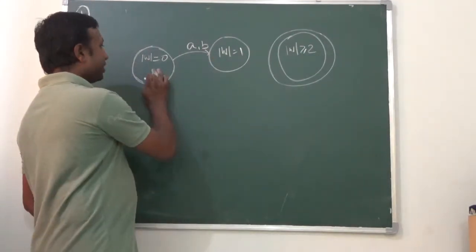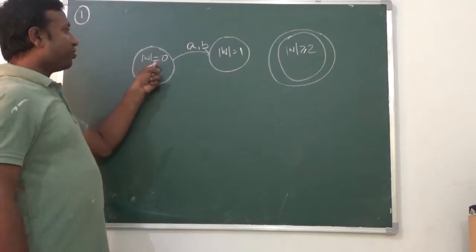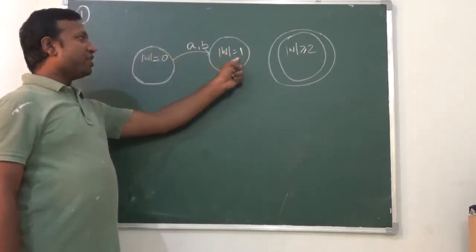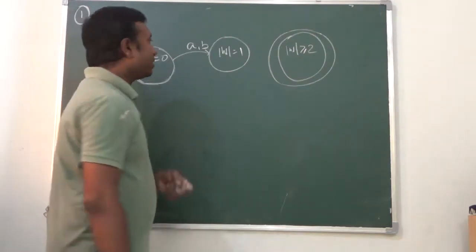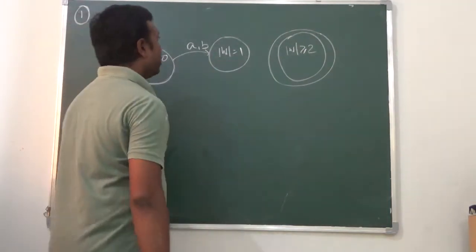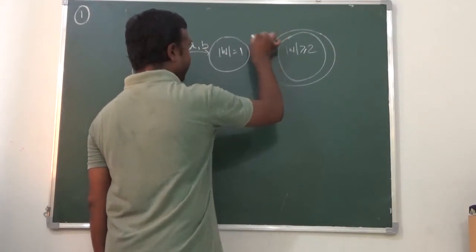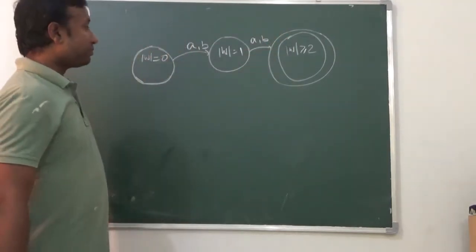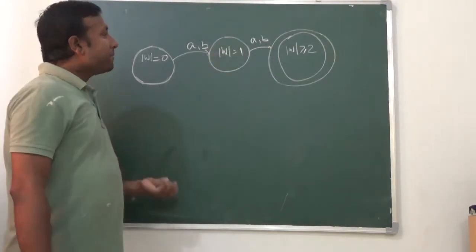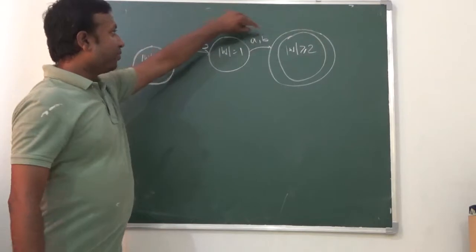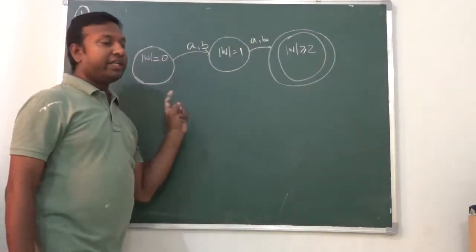If we have seen length 0 and then get A, the length becomes 1, so we move to the state length 1. But here again if we see A or B, then the length becomes 2, because 1 is this side and 1 is this side, so totally it is 2.